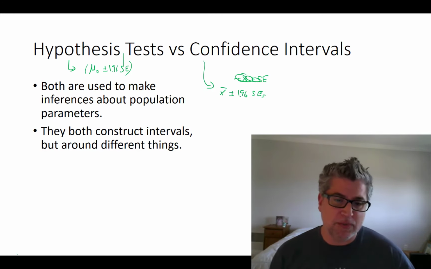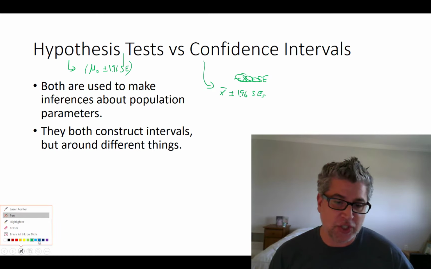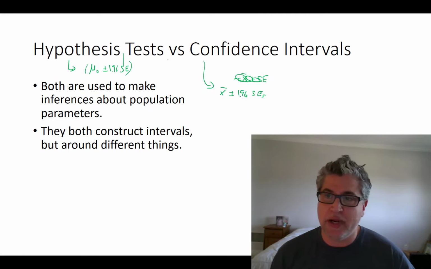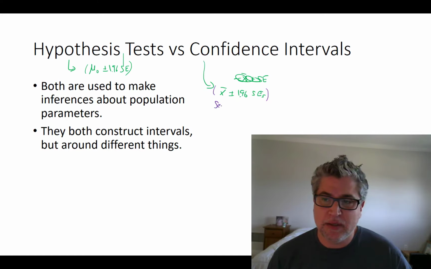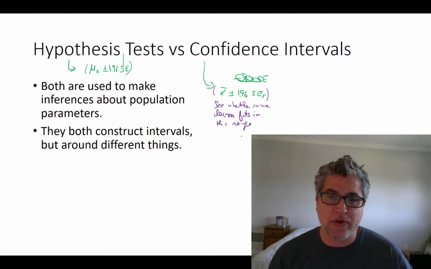And then you both use them to verify or to judge claims. So in a hypothesis test, you start off with your data, you get your range, and then you see whether some claim fits in this range. And if it does, it's consistent with your data.